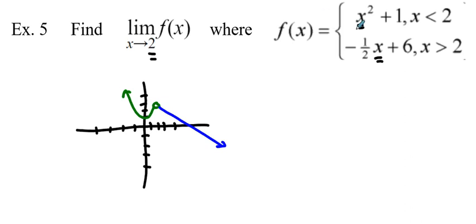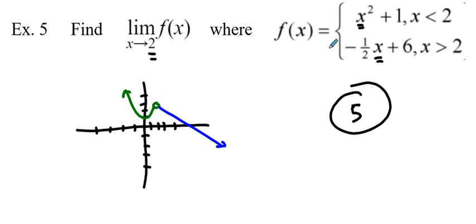So if we plug 2 into this top part of the function, we get 2 squared, 4, plus 1. We get a value of 5. If we plug 2 into the bottom part, we get negative 1/2 of 2 is negative 1 plus 6. We also get 5. That means that's our answer, ladies and gentlemen. No further work required.